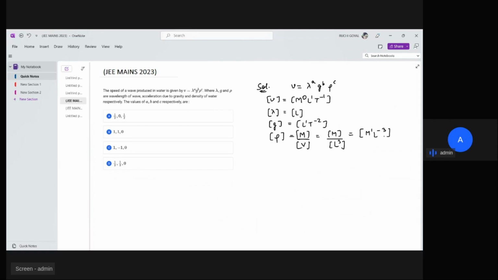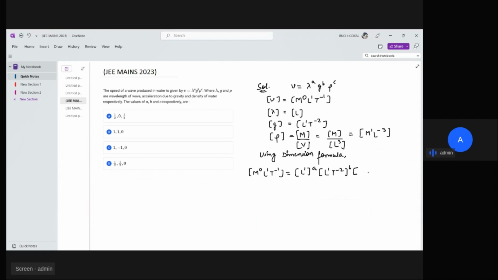Now substituting in the above equation using dimension formula. We can substitute the dimensions of all: velocity m0 L1 t minus 1 is equal to L1 power a. What is the dimension of G? L1 t minus 2 to the power b.